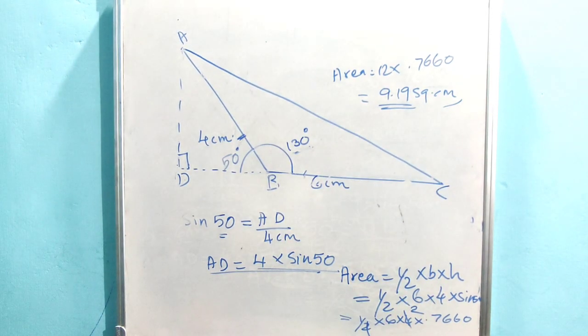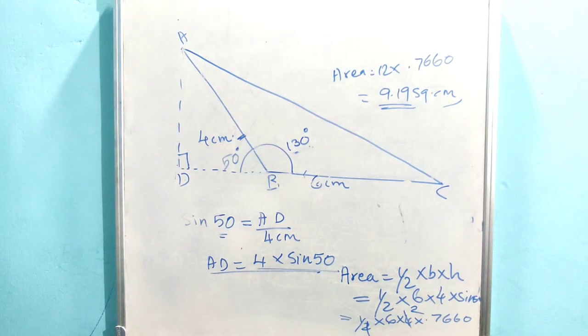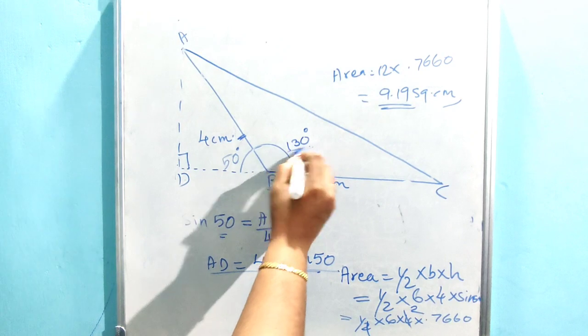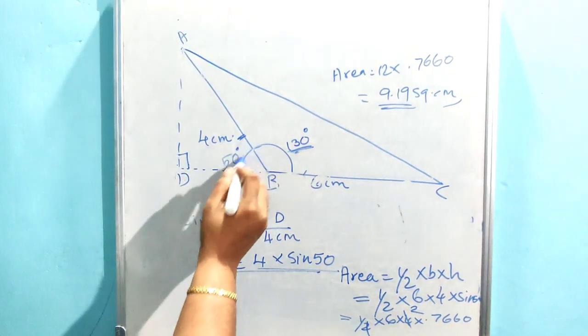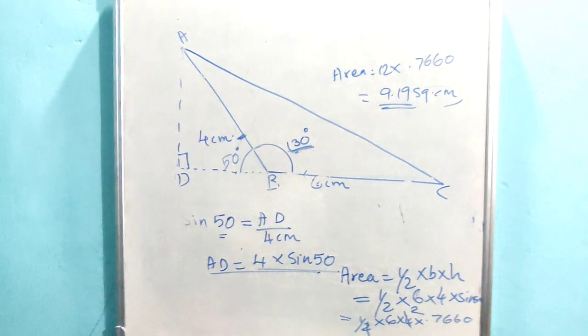So remember children, we have sine and cos values only for 0 to 90. If we have an angle greater than 90, we use this method. Keep that in mind.